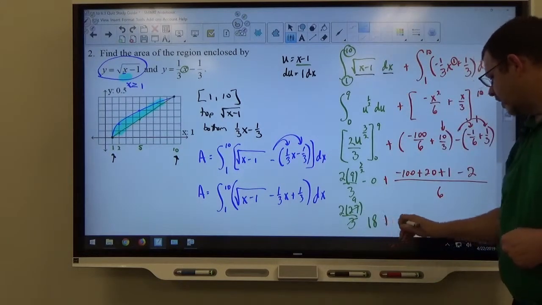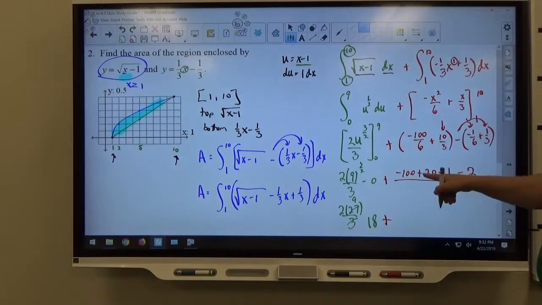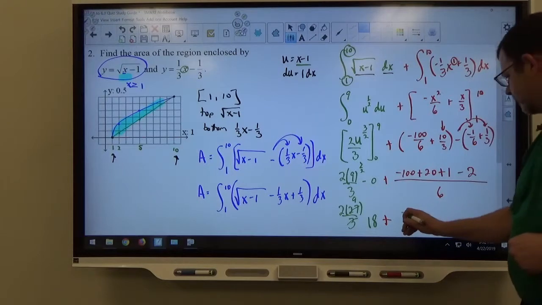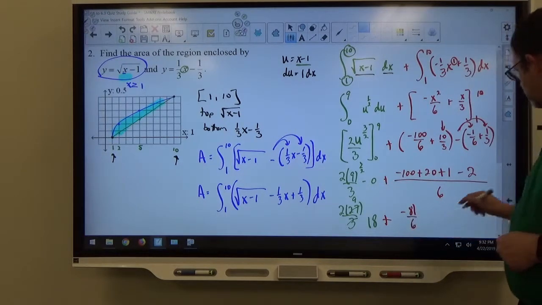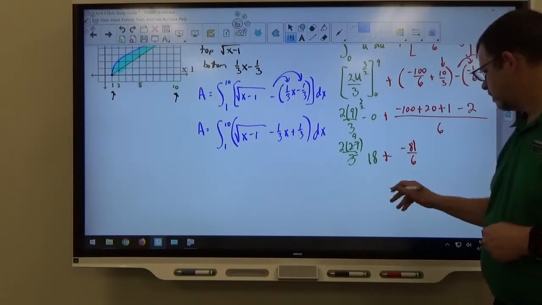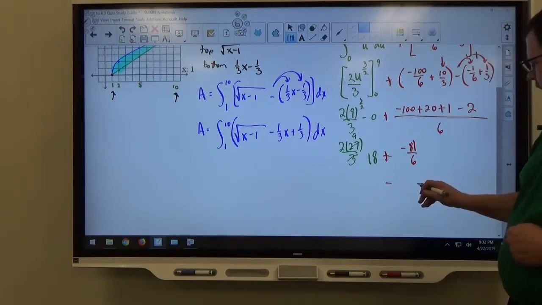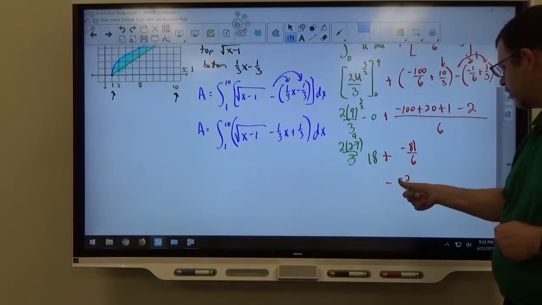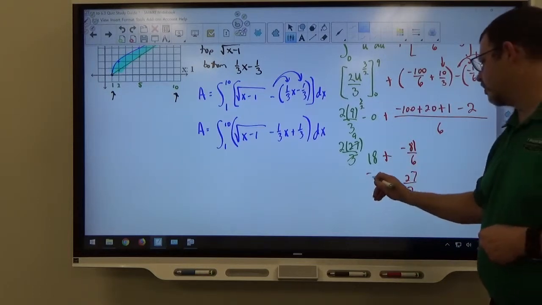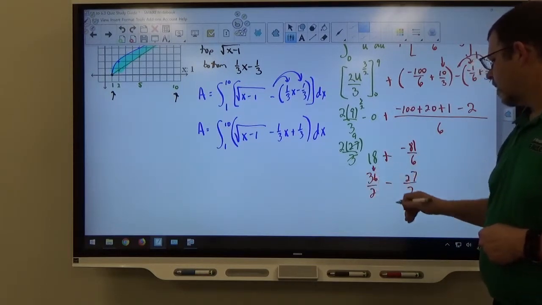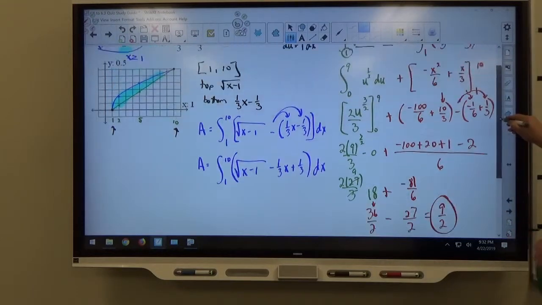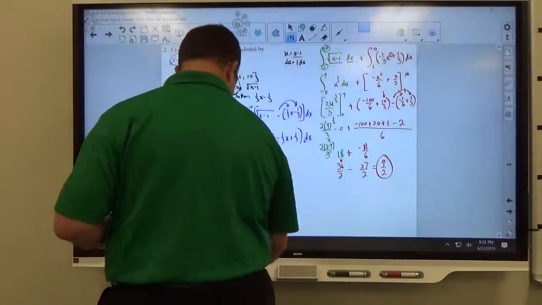All this red stuff comes out to negative 81 over 6, which reduces by 3 down to negative 27 over 2. That's over 2, so I'm going to make this 36 over 2. And then 36 minus 27 makes 9 over 2. So 9/2, 4.5 is the end result of that area.